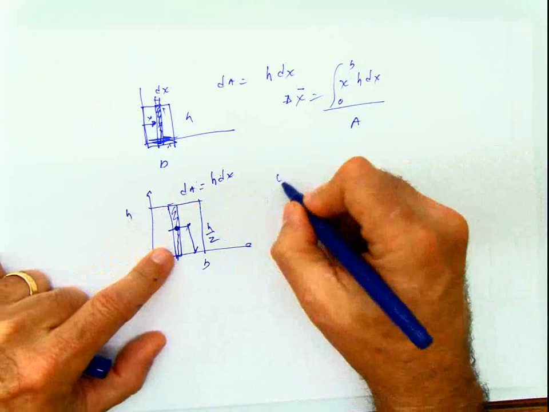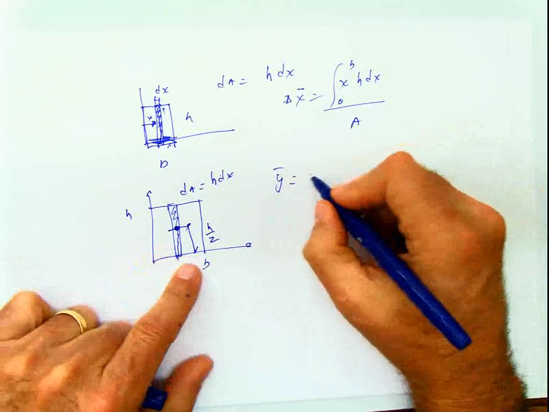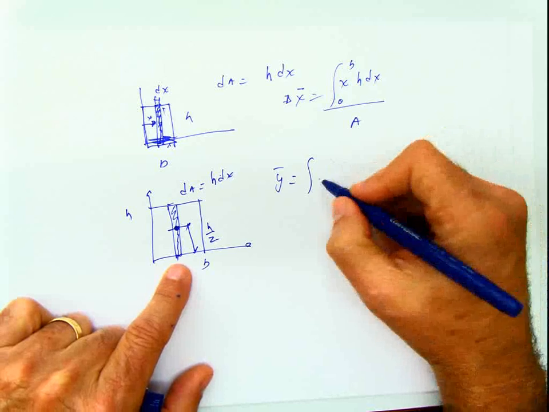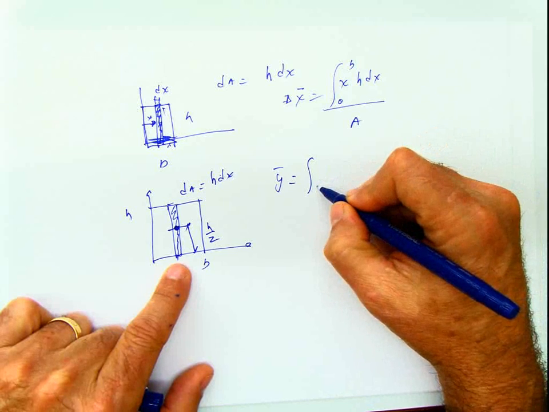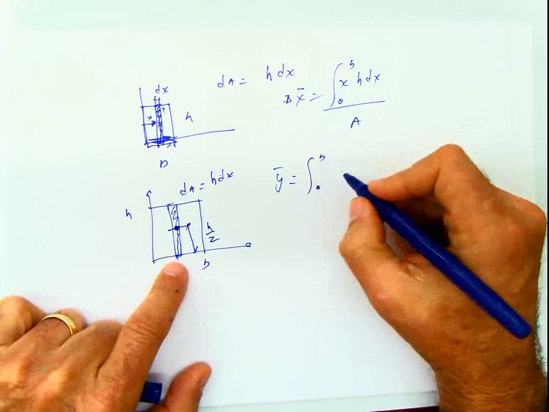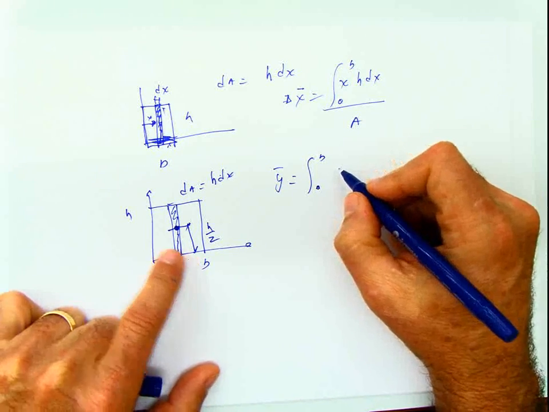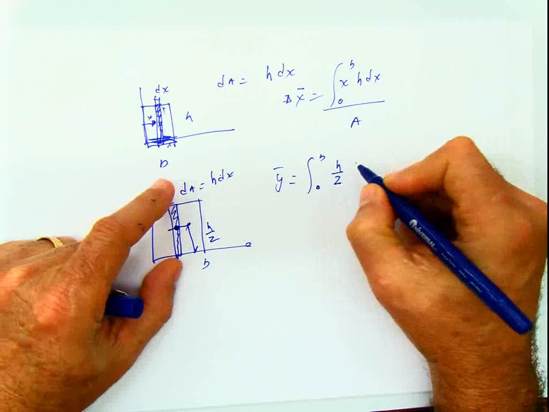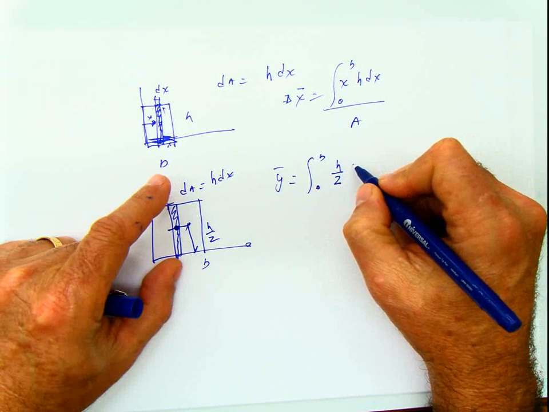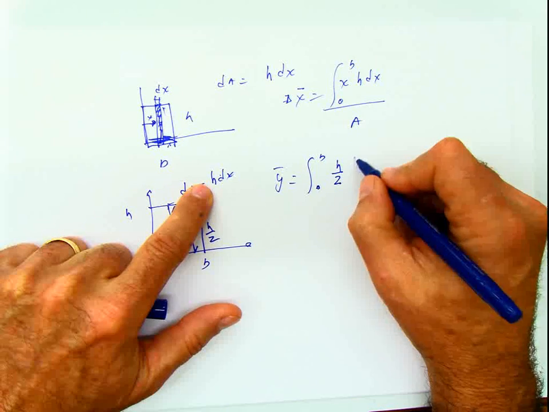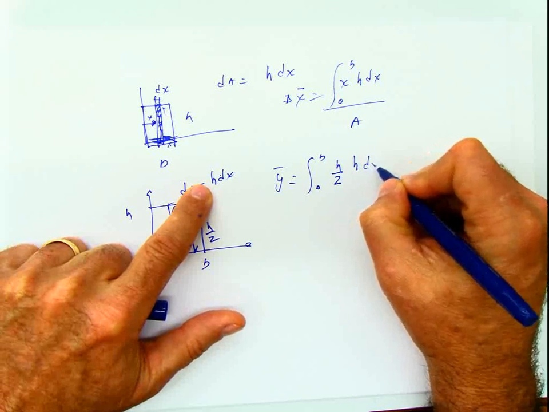So if I want to calculate my y bar, then it's going to be the integral from 0 to b of h divided by 2 multiplied by h dx.